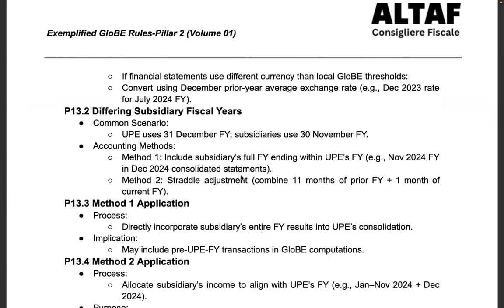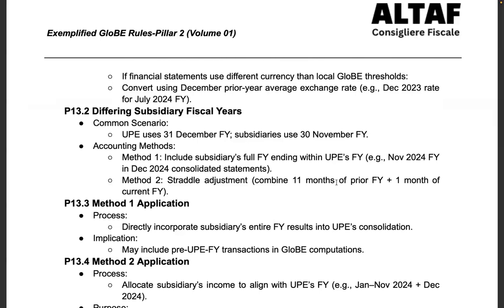We include last year's 1 month and we let go of 1 month of the current year. So we consider the November year end for the subsidiary, and December as the beginning of the year, 1 December to 30th November. That's the first method. Then there is a second method as well.